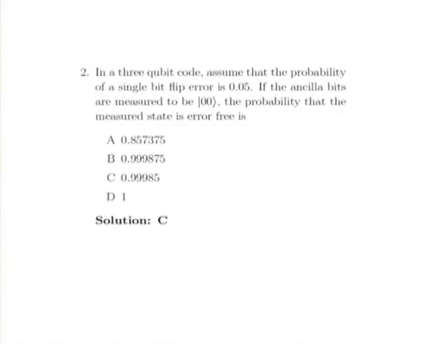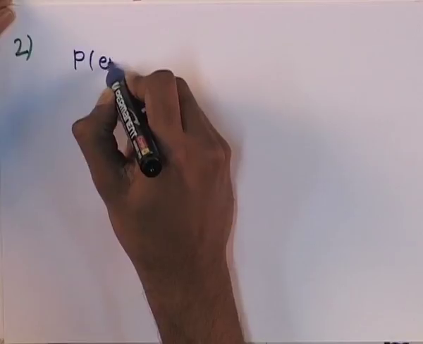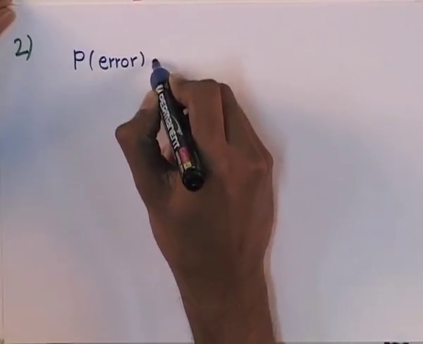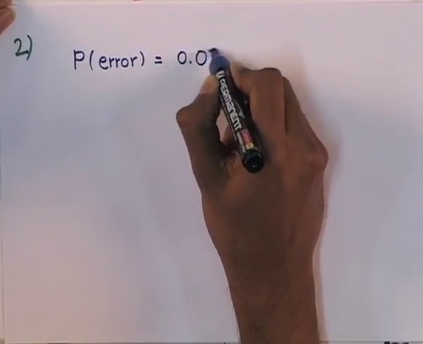Let us look at question 2. Question 2 says, in a 3-qubit code, assume that the probability of a single bit flip error is 0.05. So the probability of error in a single bit is 0.05.